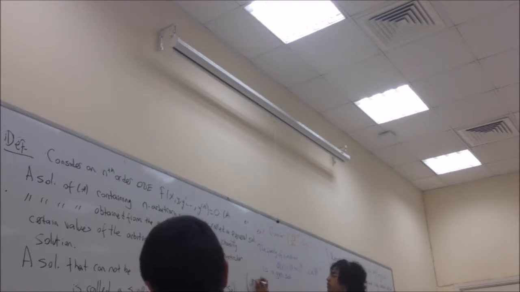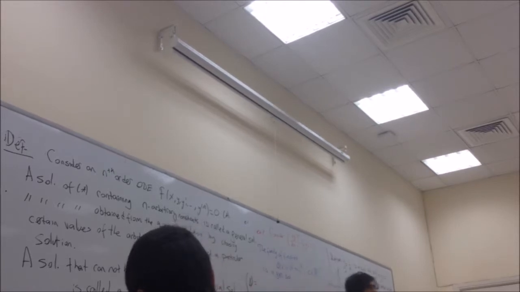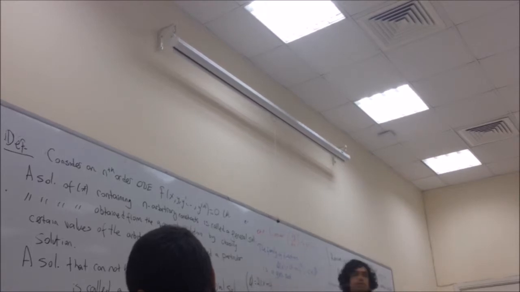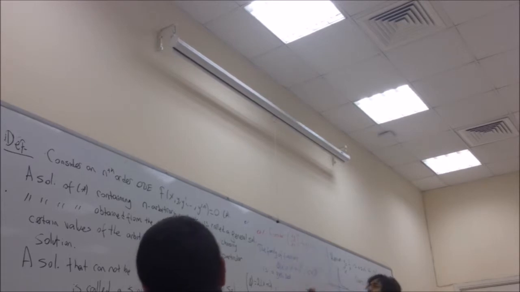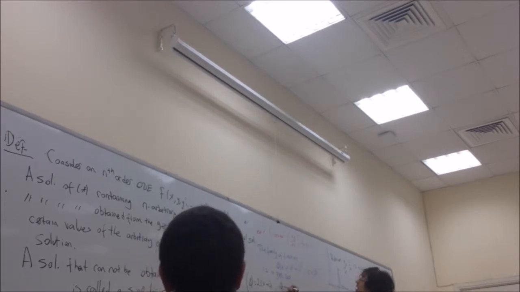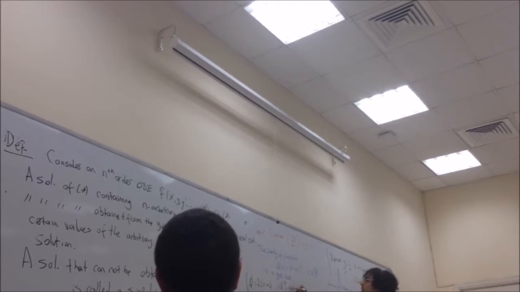If this is phi, what's phi prime, its derivative? The derivative is 2 times x plus c. So when you substitute phi into the equation, you get phi prime squared minus 4 phi.